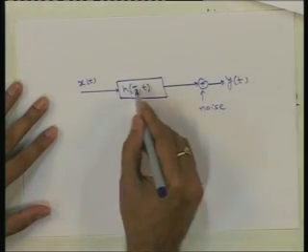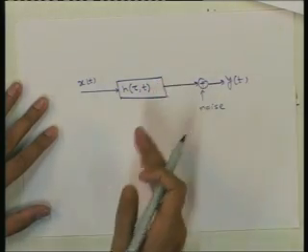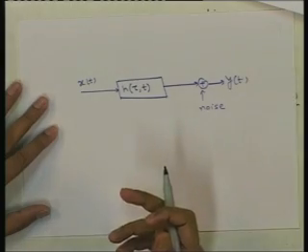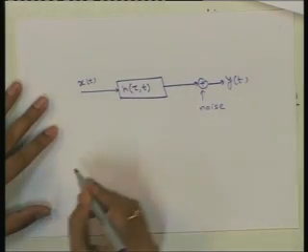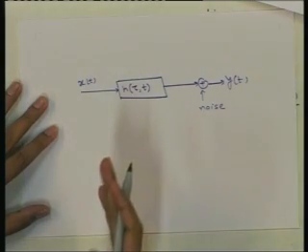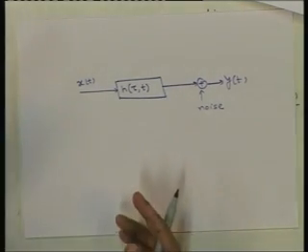So, h of tau, t is the impulse response at time t, and as time progresses the channel itself, the impulse response itself, is changing with time. So, there are 2 times, one is the axis in the impulse response, the other is to denote the time index with which the impulse response is changing.